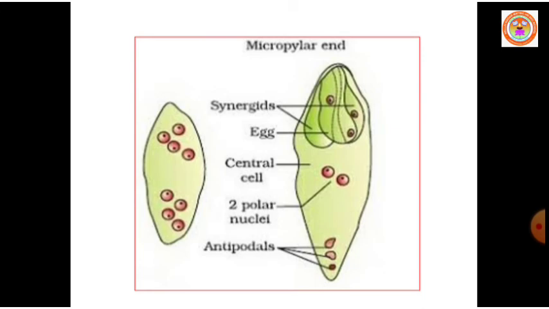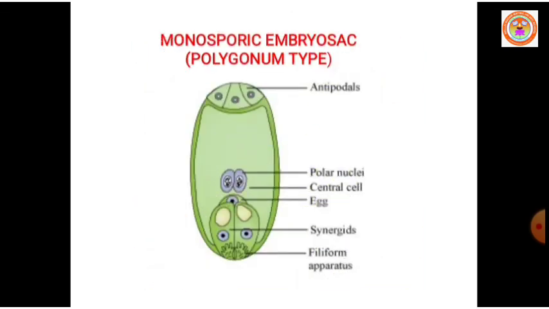You can see the micropylar end of the ovule in which the egg apparatus is seen. At the chalazal end you can see the antipodal cells, and the 2 nuclei left free in the cytoplasm are called polar nuclei. Now you are seeing the monosporic embryo sac of Polygonum type.